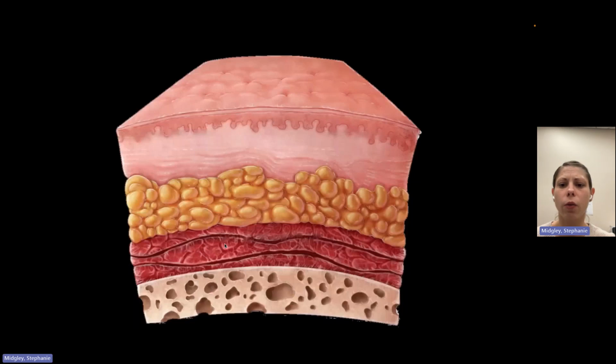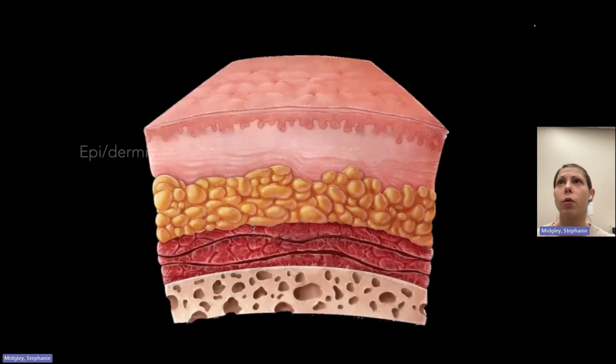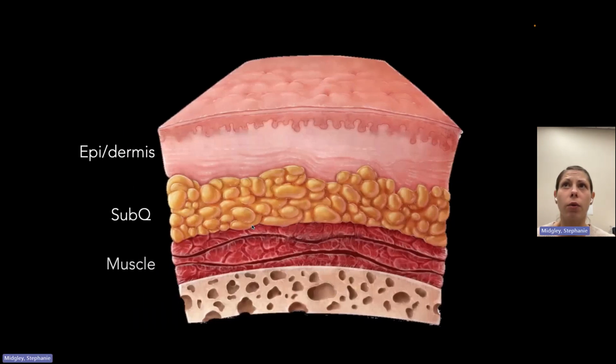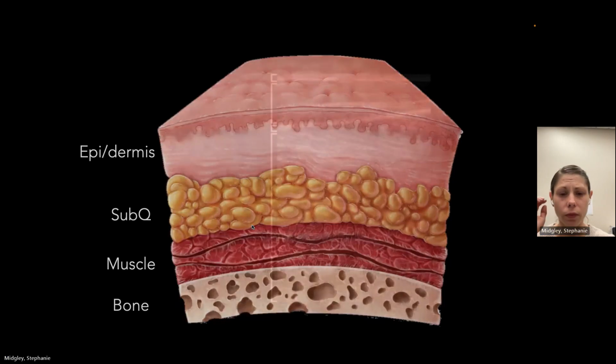One of the things I want you guys to really hone in on and pay attention to is this layer right here, which is your superficial fascial layer. When we talk about necrotizing soft tissue infections in a couple of slides, this layer is going to become really important. So again: epidermis, subq, muscle, bone.